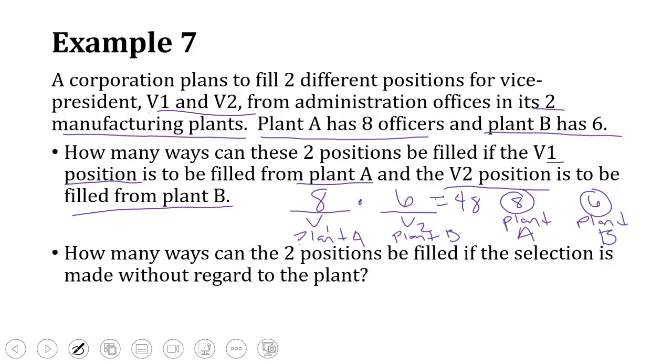All right, question B. How many ways can the 2 positions be filled if the selection is made without regard to the plant? That means it doesn't matter where they come from. Everyone is up for grabs for each position.